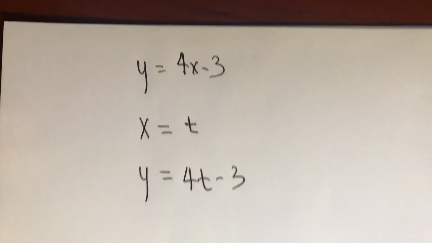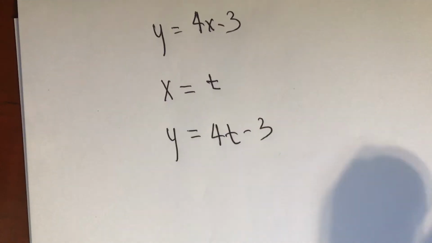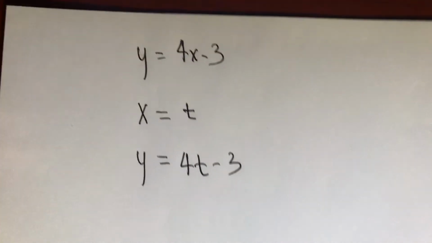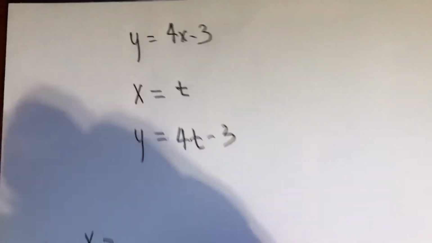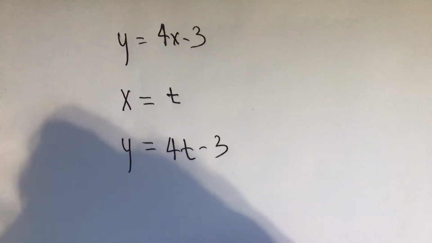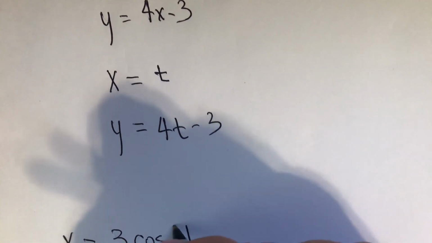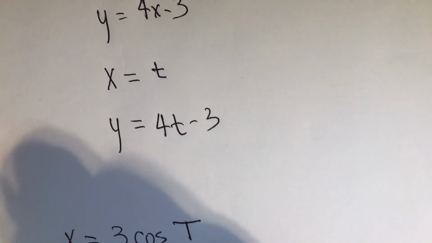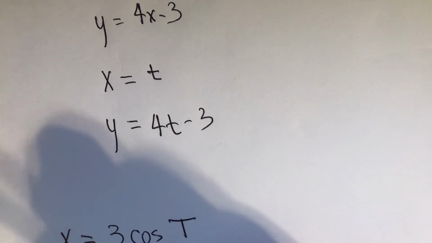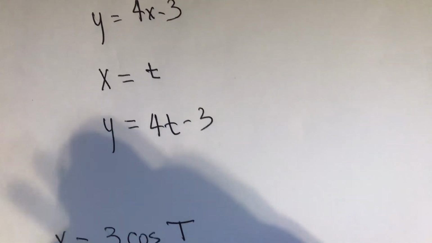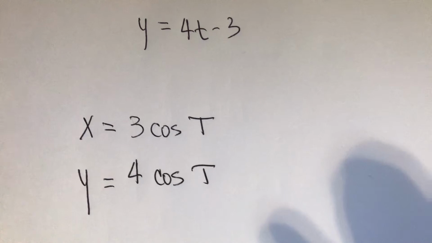Now, what is complicated is when you get parametric equations involving trig functions. For example, x equals 3 cosine of t, y equals 4 cosine t.